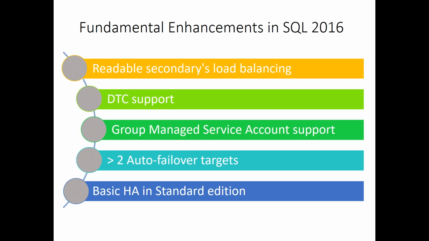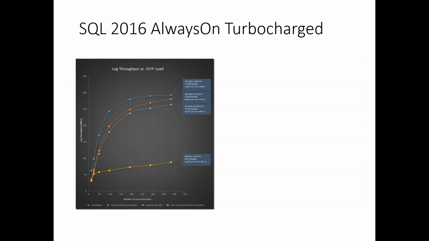Right. Perfect. Now, the other thing we did with respect to Always On in SQL 2016 was to make it much faster compared to what we had in 2014 or 2012. This is in response to the next generation class of hardware in the market today.